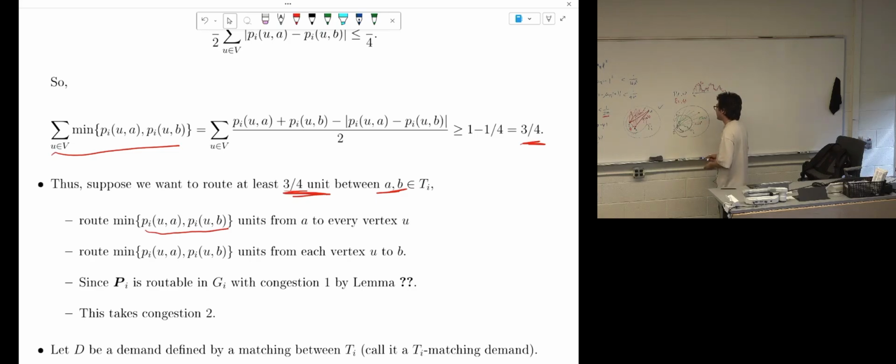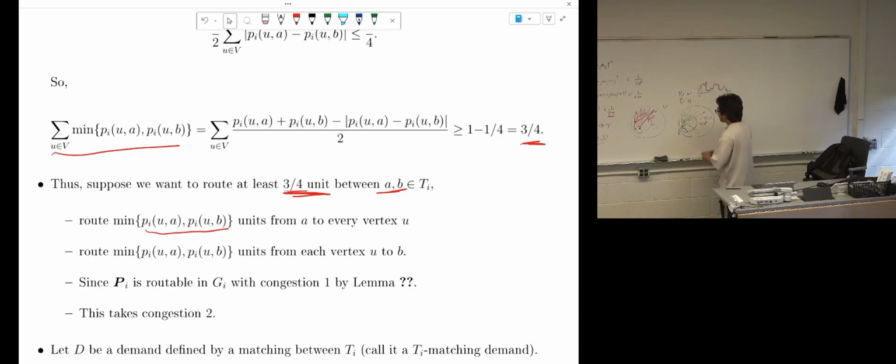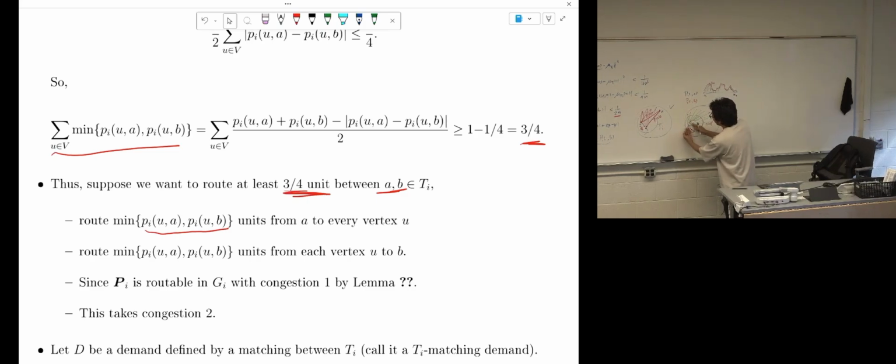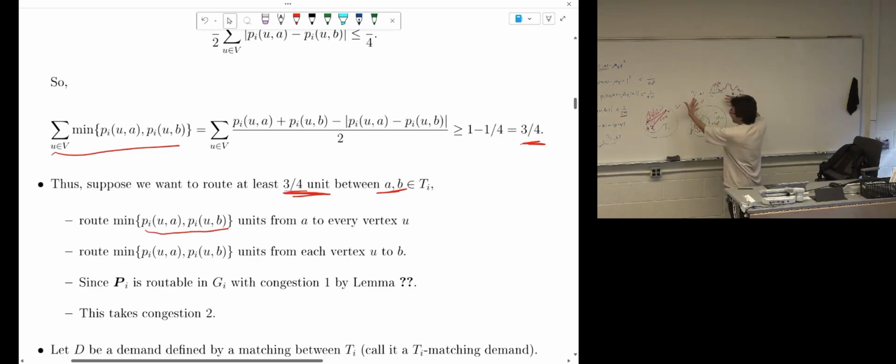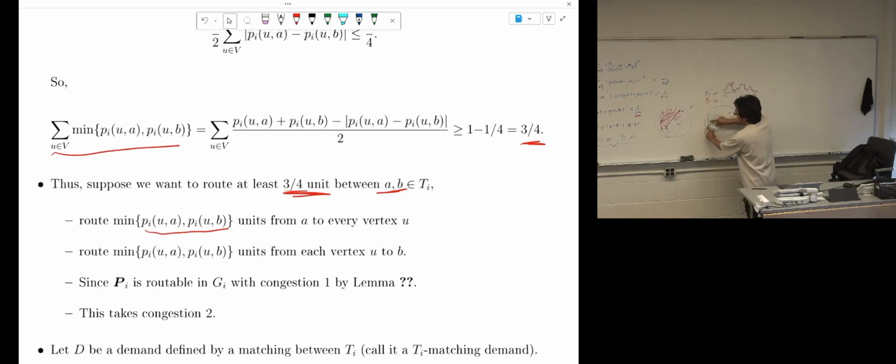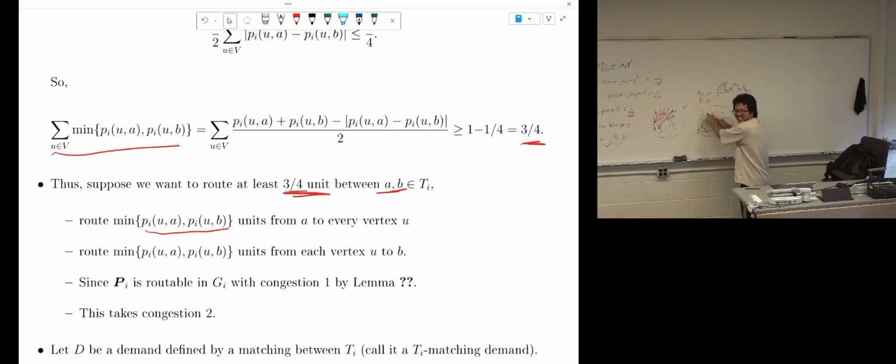So how to route both of these simultaneously? Just route from A1 to everyone and A2 to everyone. That takes congestion 1. And then everyone to B1 and B2. That takes another congestion 1. And it's not just 2 pairs. You can take any matching and then you can route that.